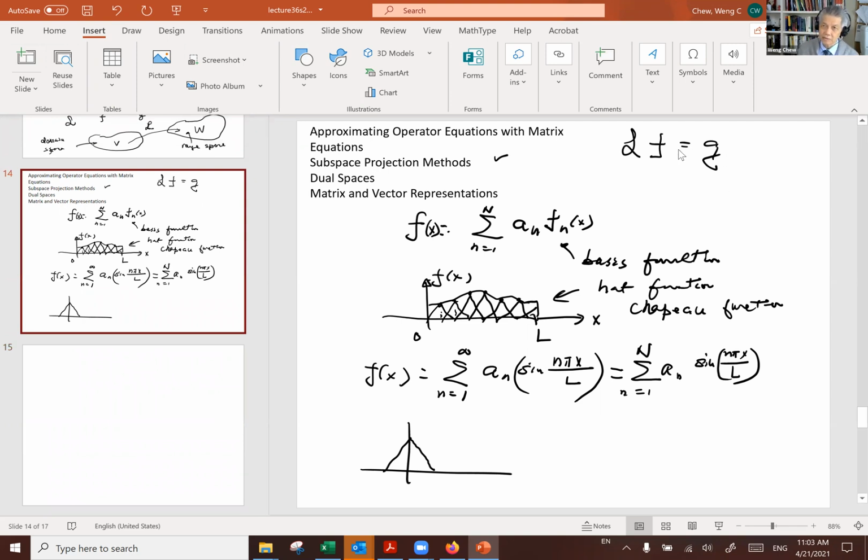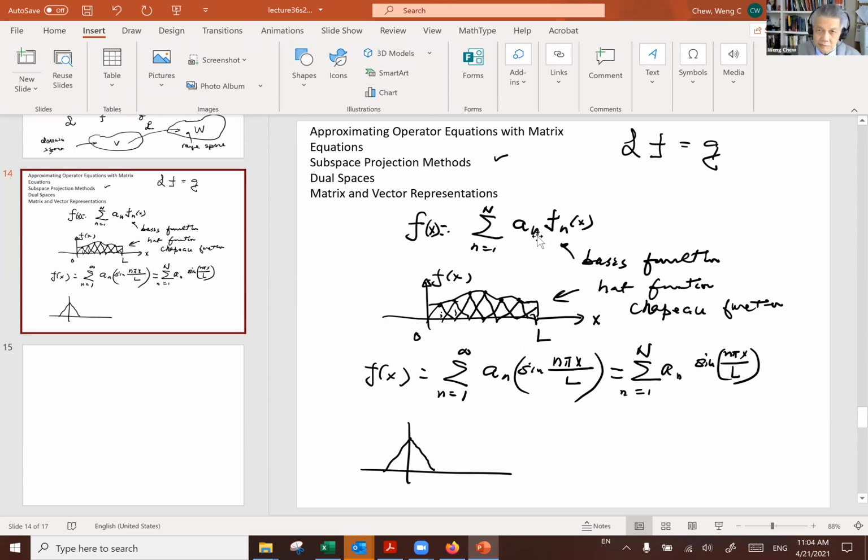Originally, this equation is defined in an infinite dimensional space where you would need an infinite amount of information to define it, but we're going to approximate it in the finite dimensional space. And then we would have to figure out how to find the approximation of this linear operator in a finite dimensional space.